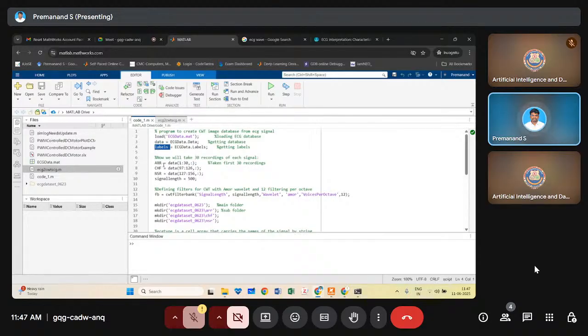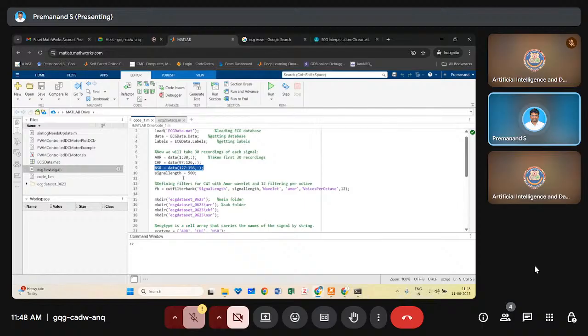One with respect to arrhythmia, the second with respect to CHF, and the third with respect to normal sinus rhythm waveform. Because there are lakhs of samples, as an understanding I'll be taking only 30 recordings. The first 30 recordings are for the ARR class, the second 30 for CHF, and the next for the normal sinus signal.